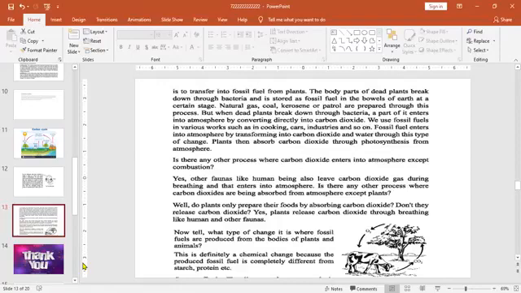It is a definitely different substance. So it is a chemical change. So the carbon cycle and the photosynthesis process are all chemical changes, because a new substance is created by these processes.